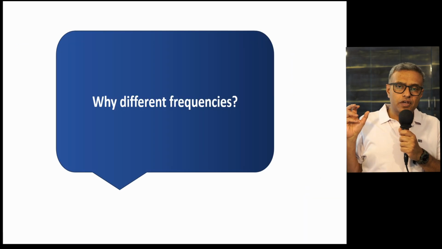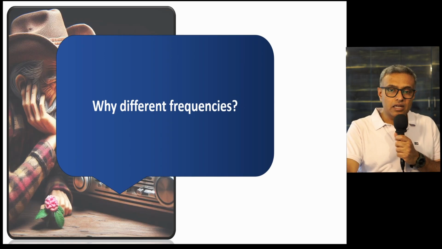Why are different frequencies used? Let's take the analogy of radio frequency waves. In olden days, we used to have AM. If somebody was broadcasting in Ceylon, you would still hear it in Bangalore or Bhubaneswar or elsewhere. In due course of time, we got frequency modulation.